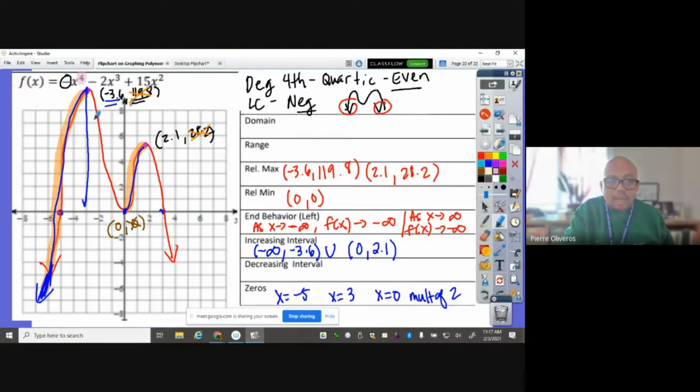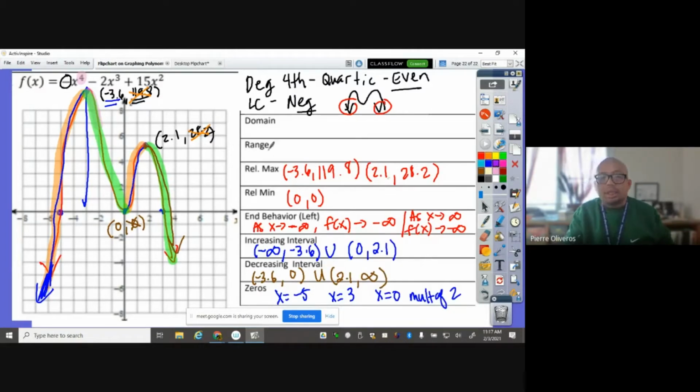Where it's going down, let's use a neon green here. This one here is decreasing, and it's decreasing also right here. Again, we only look at the x value. We start here at -3.6 and it stops at 0, union, and it starts going down from 2.1 to the far right, which is positive infinity.